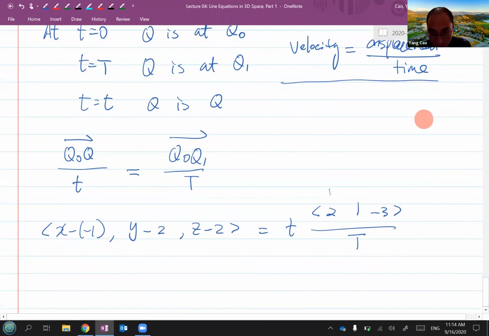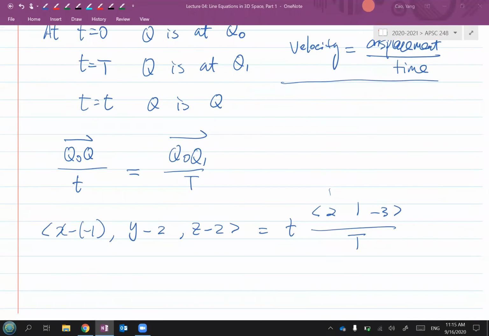If I expand it a little bit, you have a vector on the left side and a vector on the right side. When the left side vector is the same as the right side vector, each component of one vector should be the same as the corresponding component of the other.